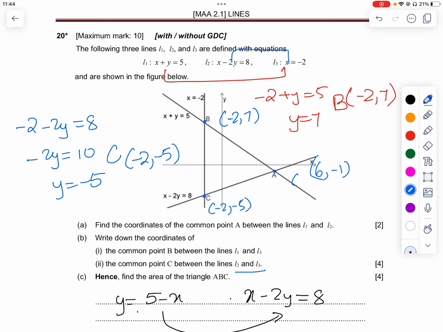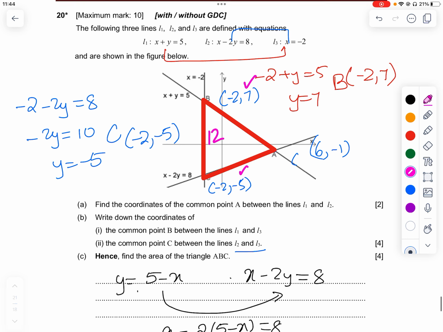Now he is asking us to find the area of this triangle. How do I find the area of this particular triangle? You can clearly see that this distance is 12, because from 7 till negative 5 the distance is 12.